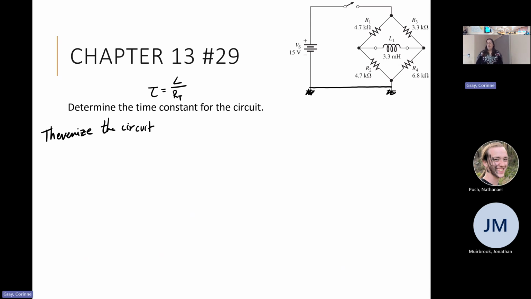It looks a little bit different when you have that inductor, because if we think about what we learned before, we would take out our load resistor to find all that fun stuff. Which one's the load resistor?